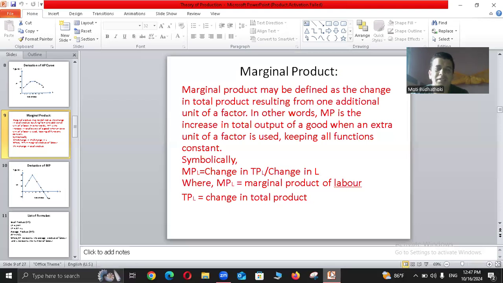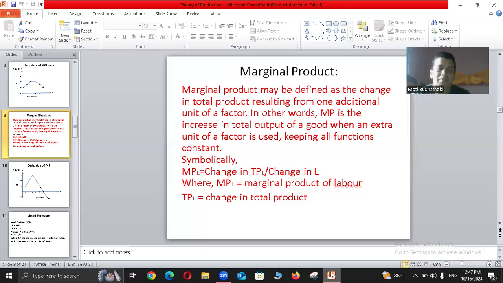Symbolically, marginal product of labor is equal to change in total product of labor divided by change in units of labor, where MPL is the marginal product of labor and ΔTPL is the change in total product.